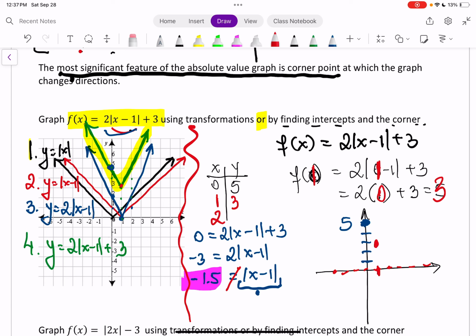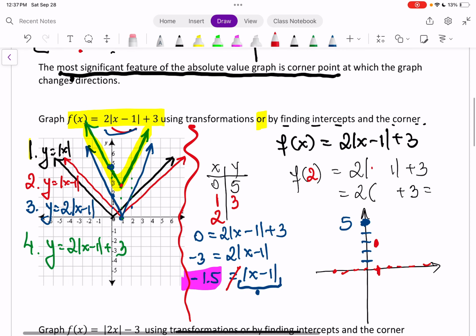Here, I'm going to delete this. Plugging in a 2 inside the function, then I'm going to have 2 minus 1 is a 1. Absolute value of 1 is 1, so I'm getting 5 again. That is very helpful, and we were lucky because we came back up to 5.